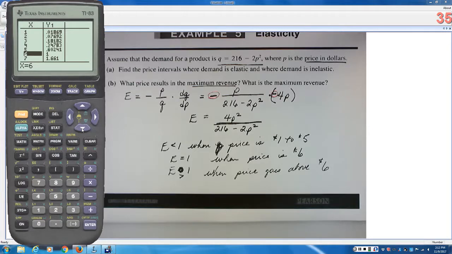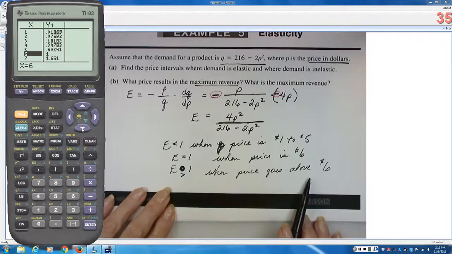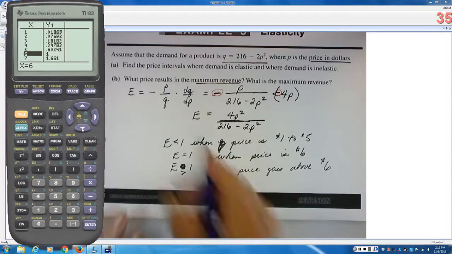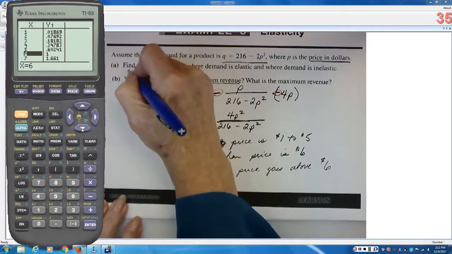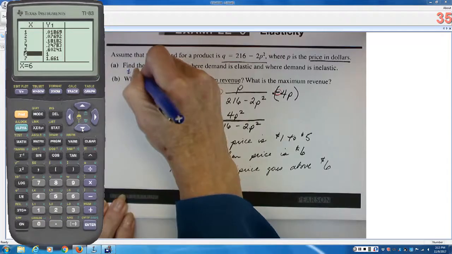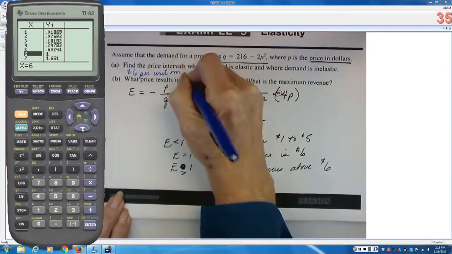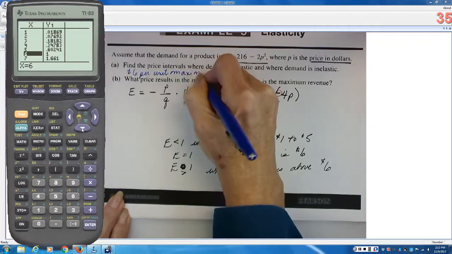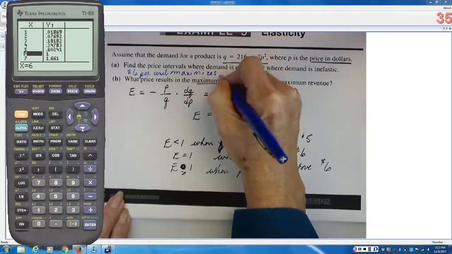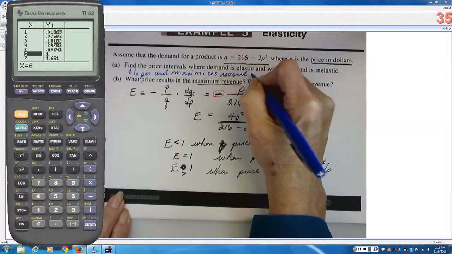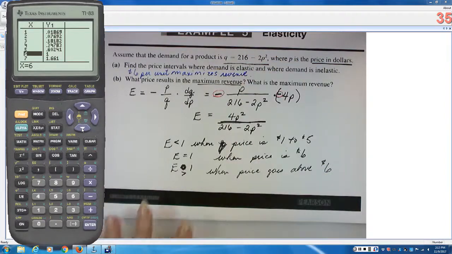So that answers the question, what price results in maximum revenue? So $6 per unit maximizes the revenue.